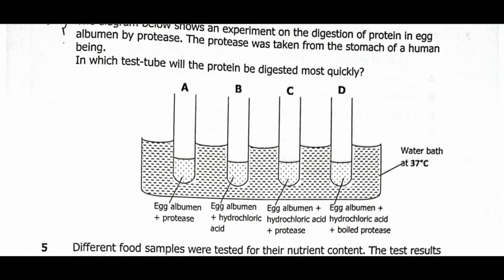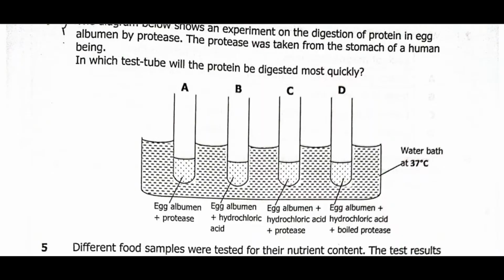So the first test tube A will have egg albumin and protease. Then for B we have egg albumin plus hydrochloric acid. Then for C we have egg albumin, hydrochloric acid and protease. Then for D we have egg albumin plus hydrochloric acid plus boiled protease.